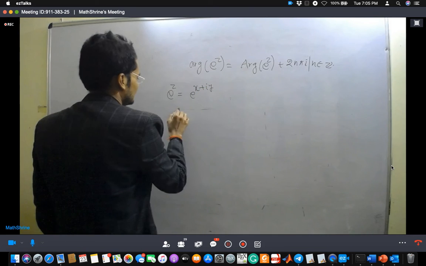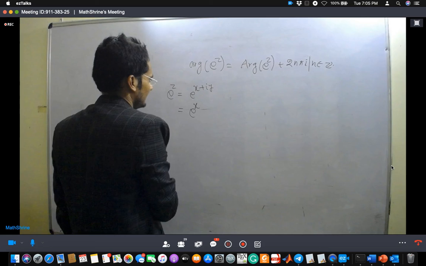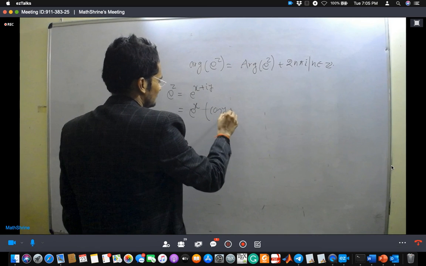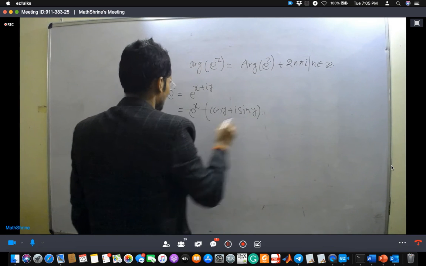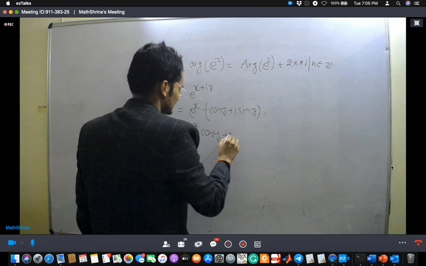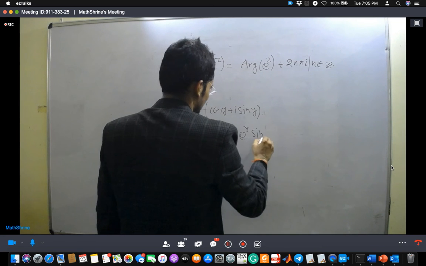So the capital argument of e to the power z will be tan inverse of the imaginary part upon the real part.